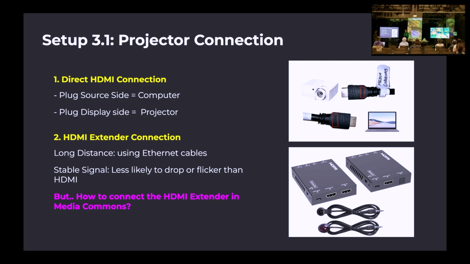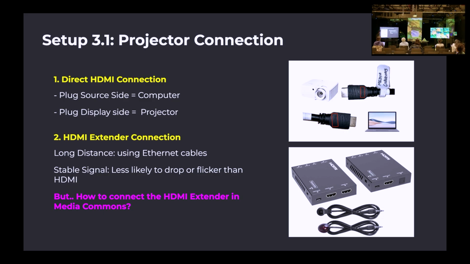You want the source to be coming from the place where you have your computer, where you have the image that you're going to be displaying to the projector. You can also use HDMI extenders, which we'll get into in a second.